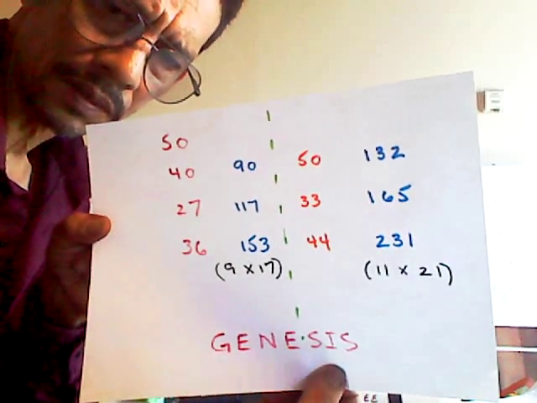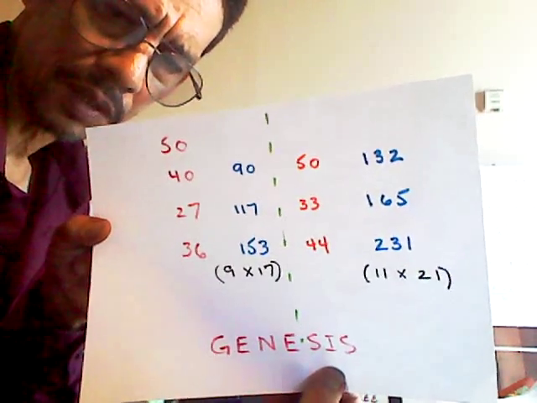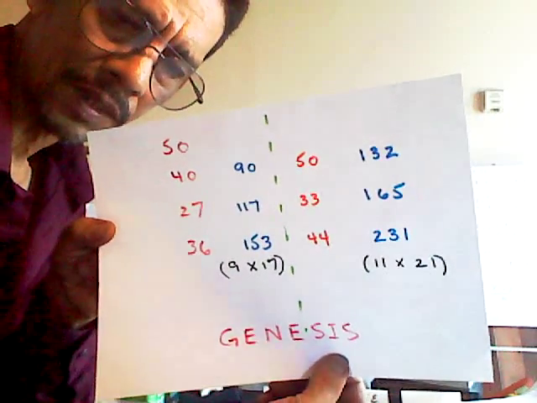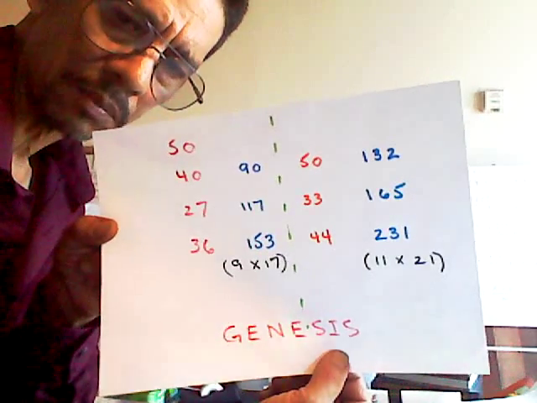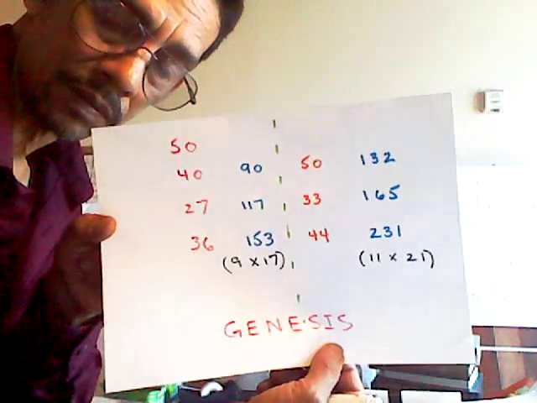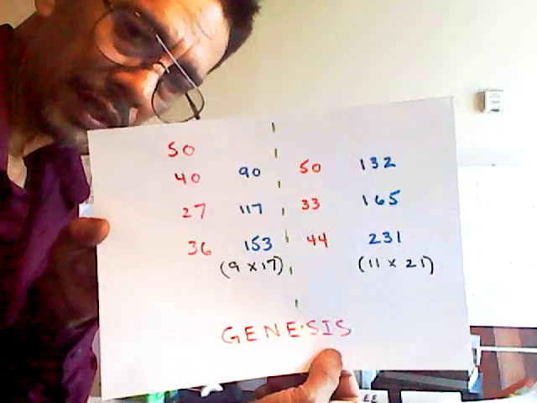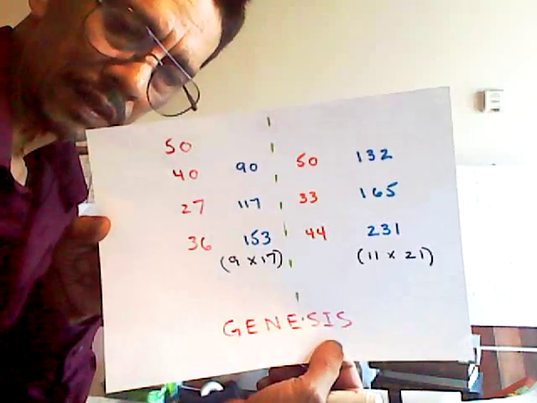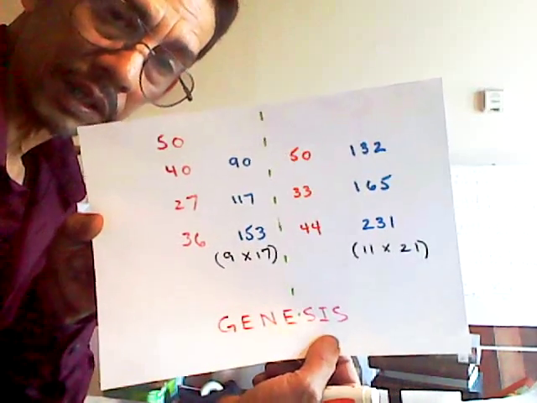Now you'll notice to the right of that perforation I've got some other numbers. And you'll notice that at the very bottom I've got 231, which on the other side says 153, which is 9 times 17. And 11 times 21 does equal 231.